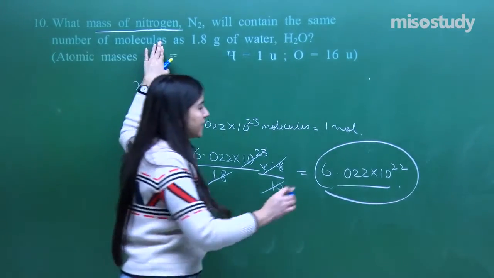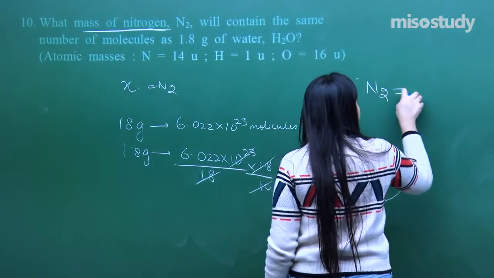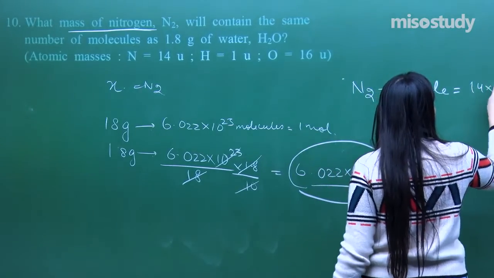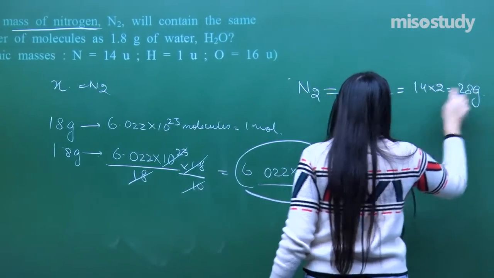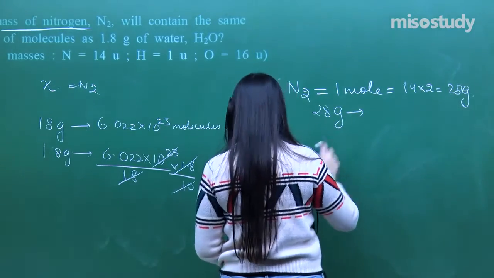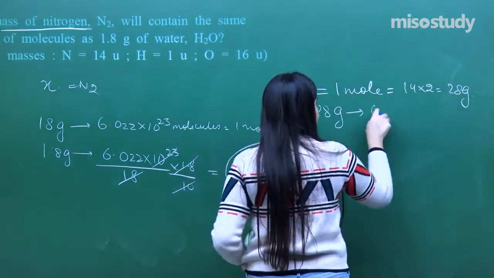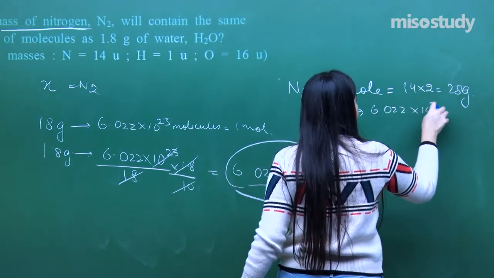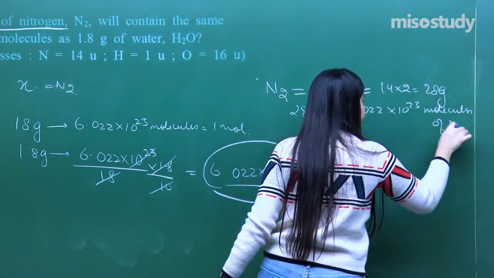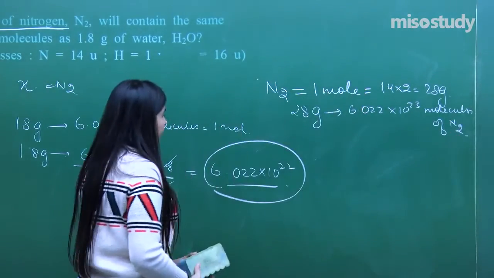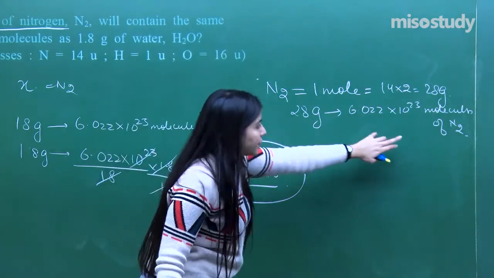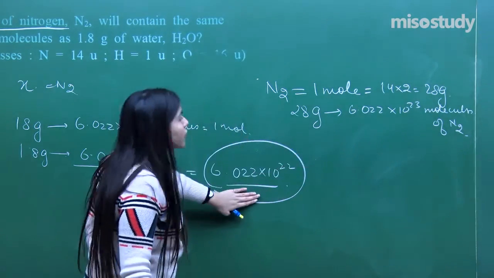For N2 gas, if I calculate for 1 mole, how much mass comes out to be? 14 into 2, that is 28 grams. 28 grams corresponds to 6.022 into 10 to the power 23 molecules of N2. Very carefully, they are asking what will be the mass of N2 for these many molecules.